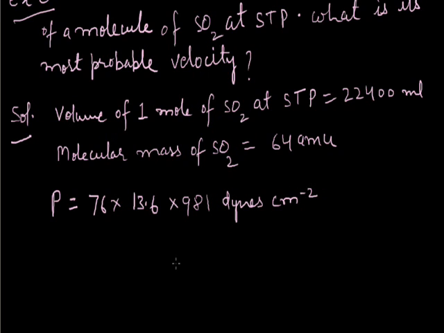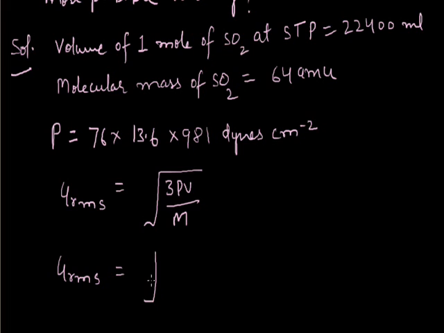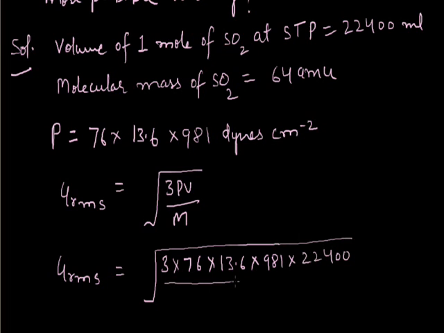The root mean square velocity will be obtained by substituting the values in the formula. u RMS equals square root of 3PV by M, as PV equals RT for 1 mole of a gas. u RMS equals square root of 3 into pressure 76 into 13.6 into 981 multiplied by volume 22,400 ml upon molecular mass 64.